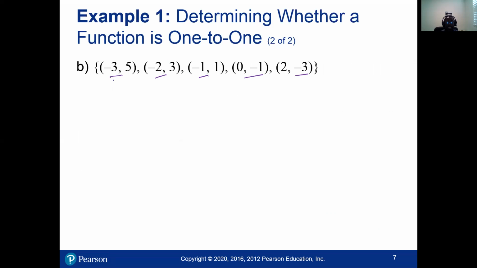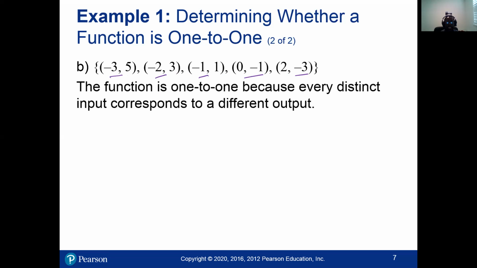If you look at -3 to 5, -2 to 3, -1 to 1, 0 to -1, 2 to -3, there is no input that corresponds to two outputs, and no two inputs that correspond to one output. So this is one-to-one because every distinct input corresponds to a different output.